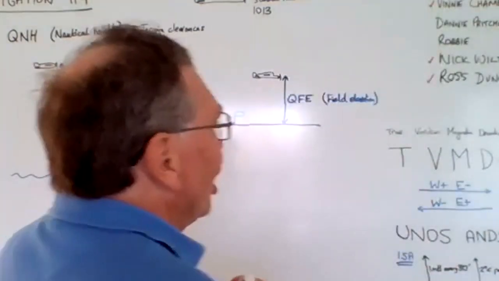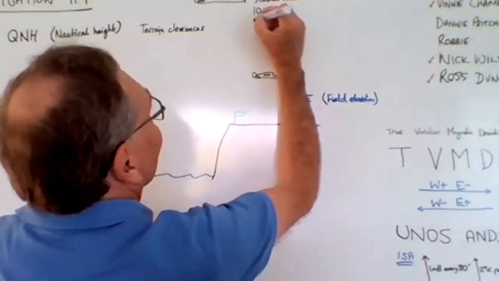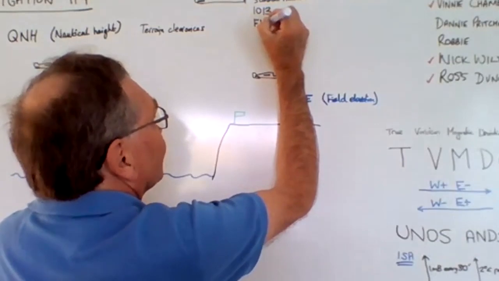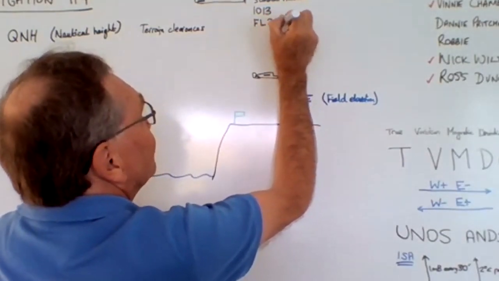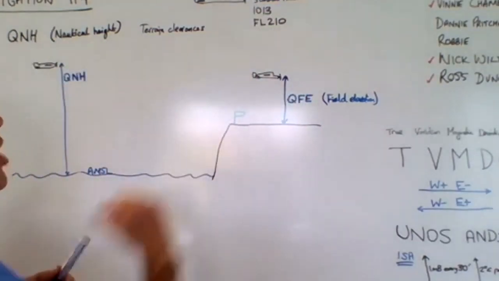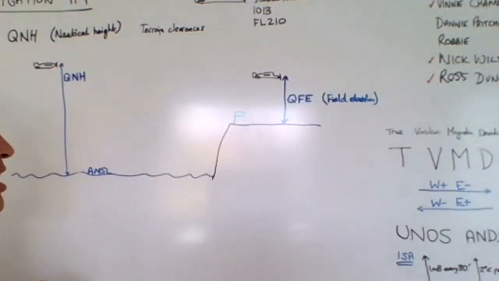And anything relative to 1013 we call a flight level. So flight level 210, for example, you add two zeros on the end of a flight level, and that gives you the height in feet.